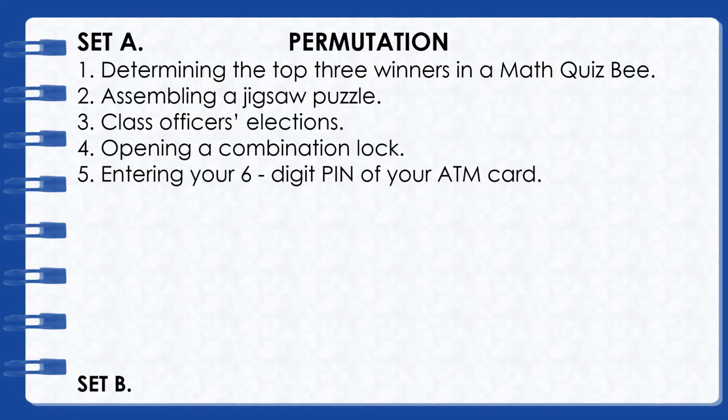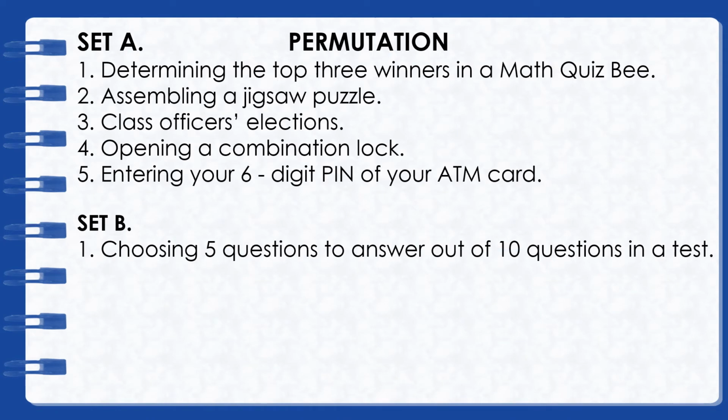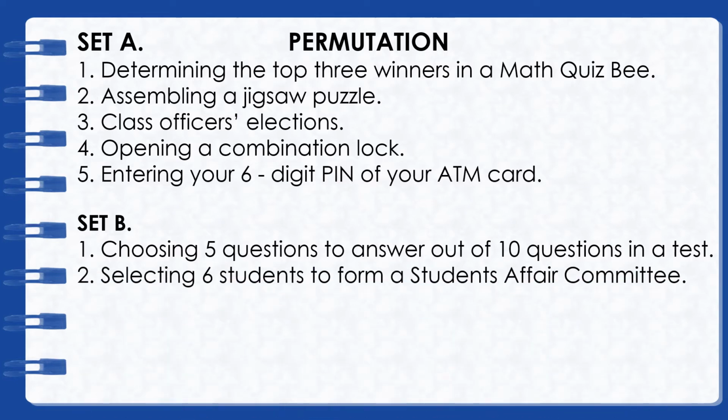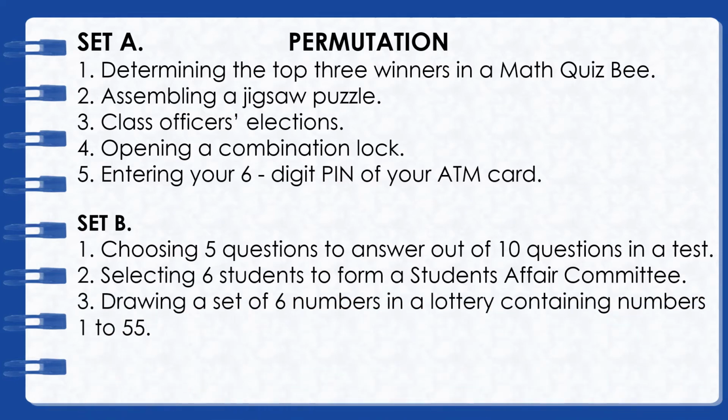How about in set B? So I have here number 1, choosing 5 questions to answer out of 10 questions in a test. Number 2, selecting 6 students to form a students' affair committee. Number 3, drawing a set of 6 numbers in a lottery containing numbers 1 to 55.